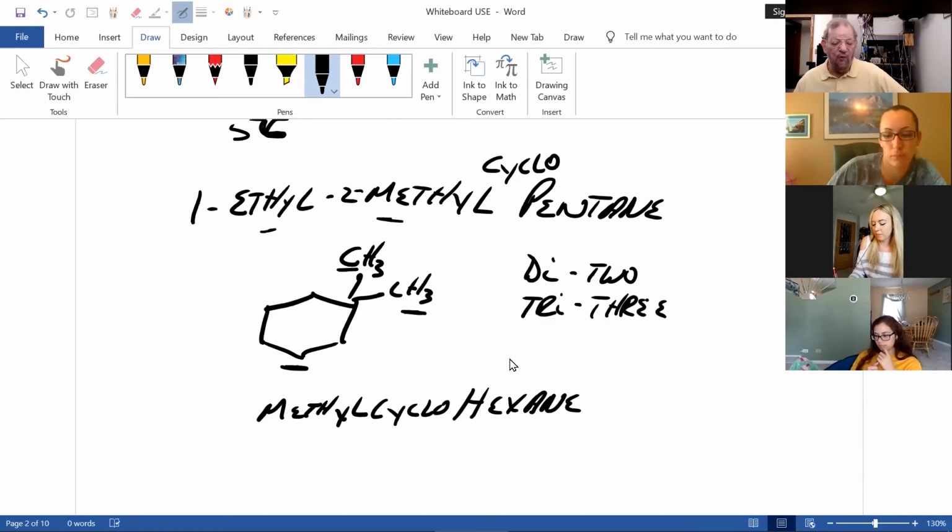Now we have two of them, di, and they're on the same carbon. To give this the lowest number, this is carbon 1, so this is 1,1-dimethylcyclohexane. And that's how you do that.